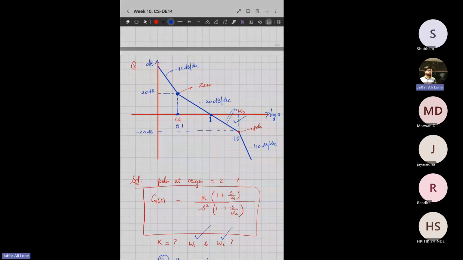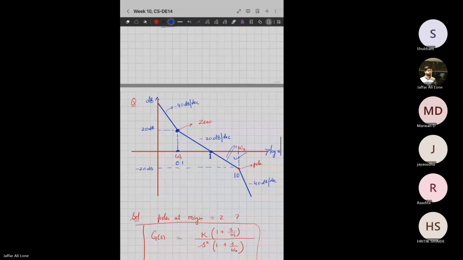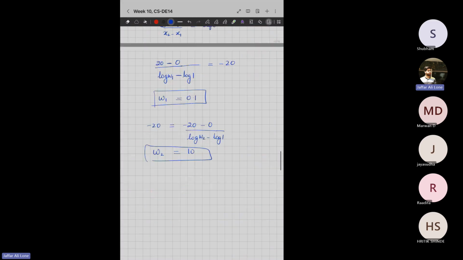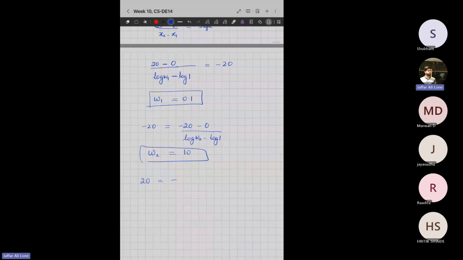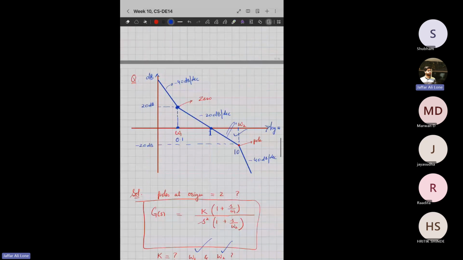It's very simple. See, at this point my frequency is 0.1, which is omega 1. Your magnitude is 20, and your slope is minus 40, right? There is one pole at the origin.